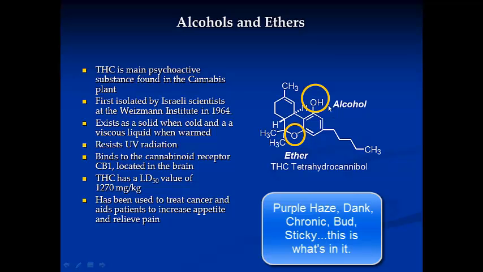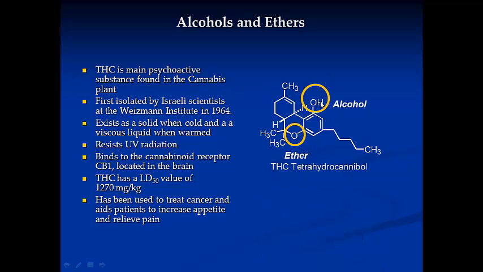And again, if you look here on THC, here is an OH that's indicative of an alcohol, the OH group. And then here is an oxygen with a carbon on the left side and a carbon on the right side. So this is an ether, O carbon, carbon.